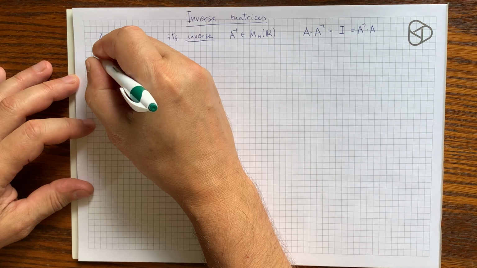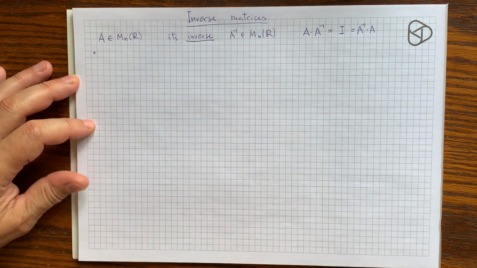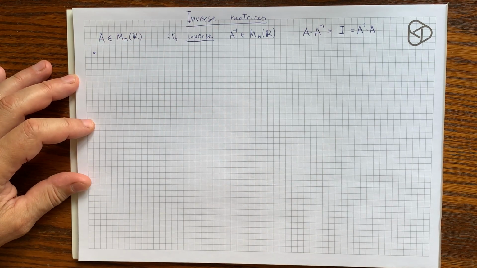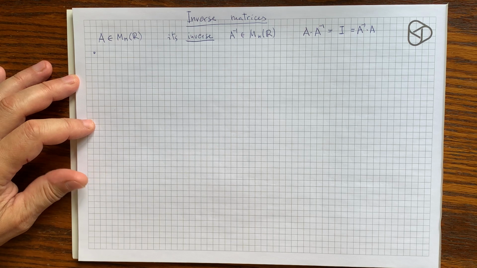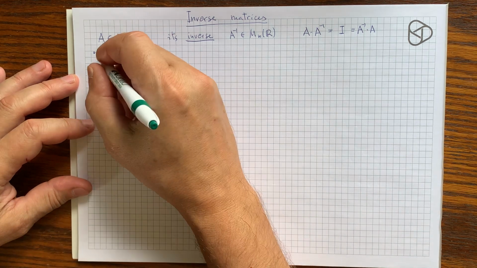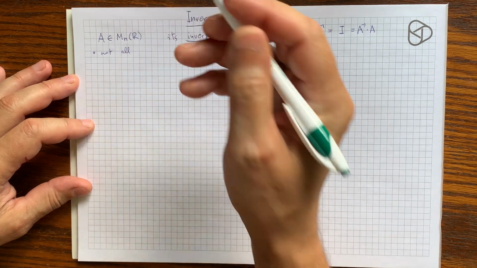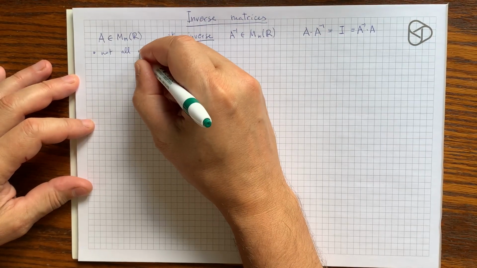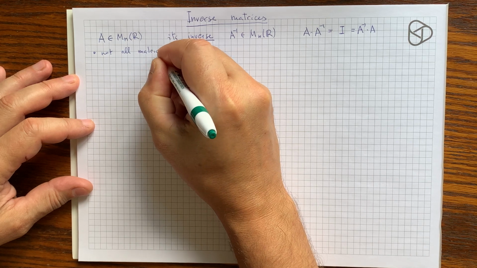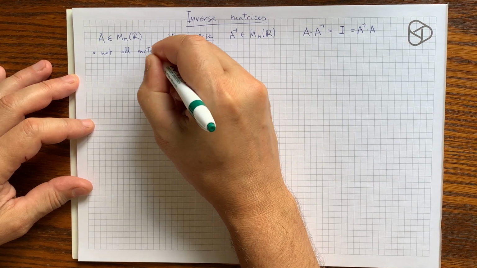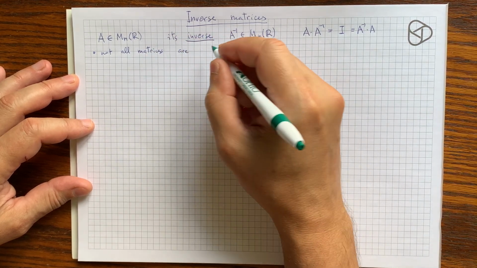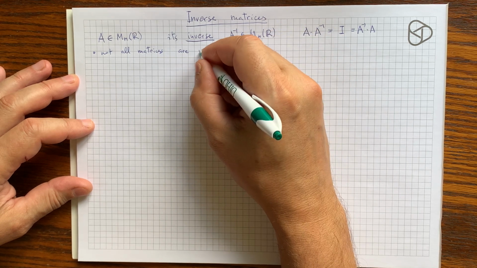So the first point to make about inverse matrices is that they don't have to be there for any A. Not all matrices are square, assuming still, not all square matrices have inverses.